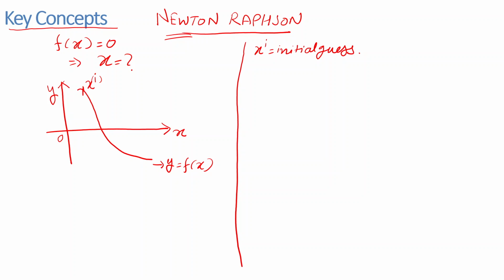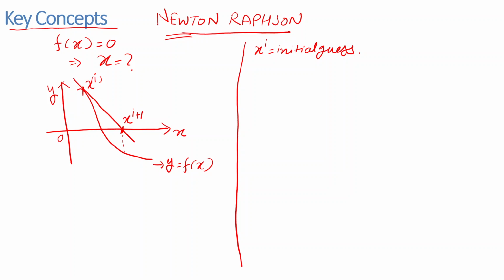From this point xi, I will be drawing a tangent to this curve at the point xi, and the point at which my tangent intersects the x-axis will be my next point. That is my xi plus 1.